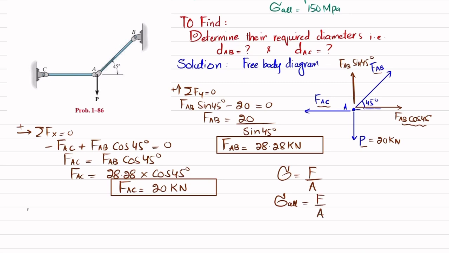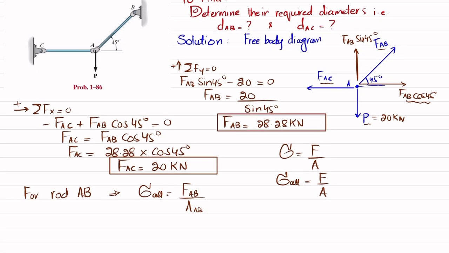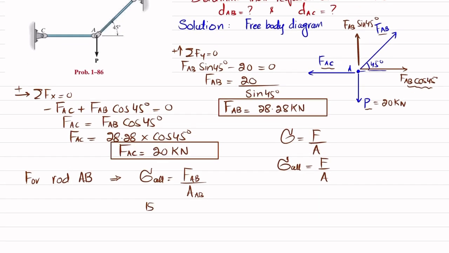So for rod AB, the allowable stress is equal to FAB divided by the area of rod AB. The allowable stress is 150 megapascal. So 150 into 10 to the power 6 is equal to FAB, which is 28.28 kilonewton, converted into newton, divided by the area. This is a circular rod, so its area is pi by 4 DAB square.